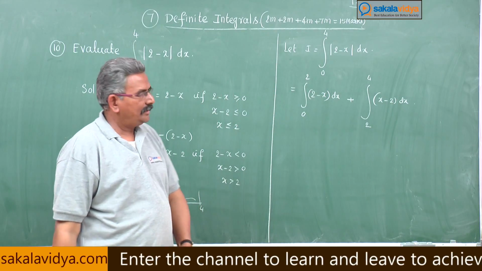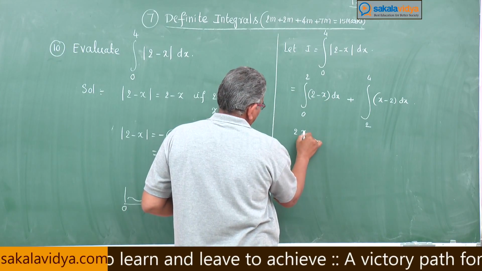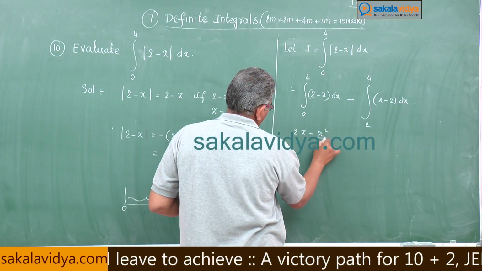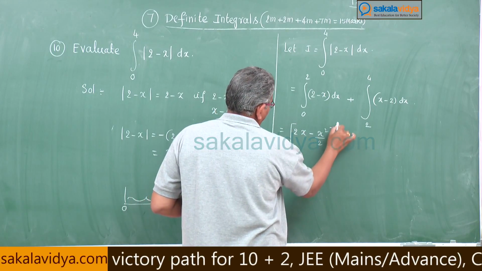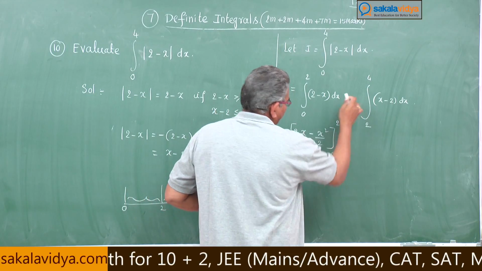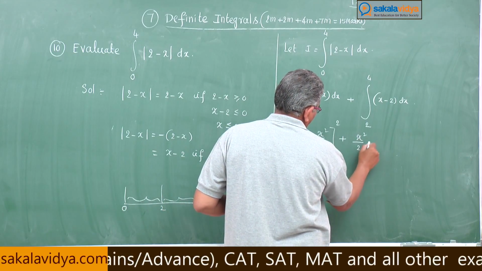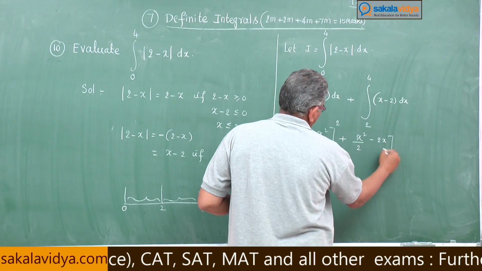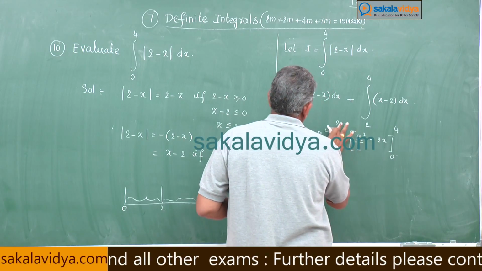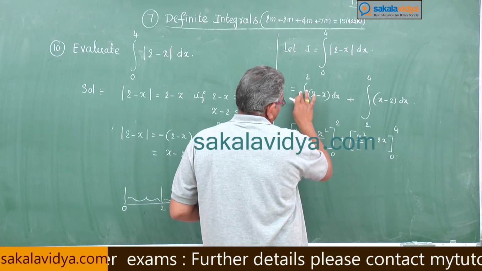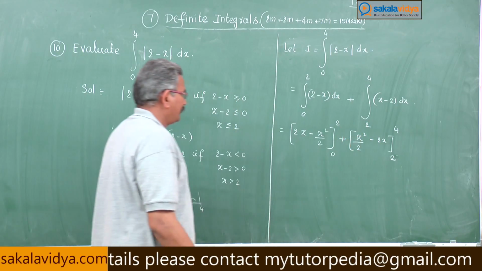Let us write the integral here: 2x minus x square by 2 with limits 0 to 2, plus, do not forget the symbol, x square by 2 minus 2x with limits 2 to 4.